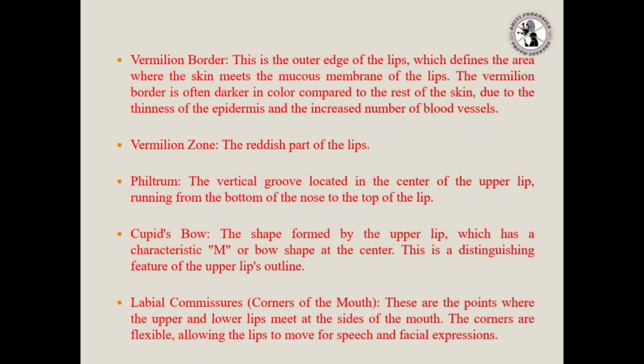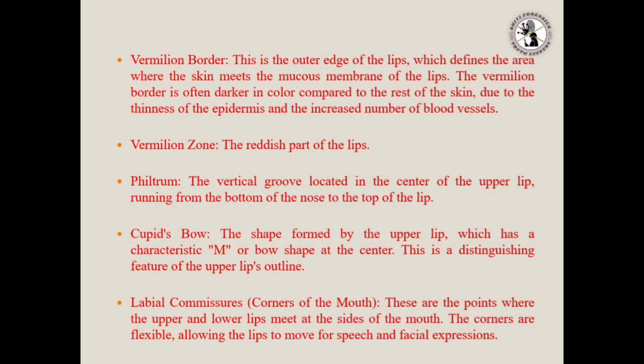If we talk about the philtrum, it is the vertical groove located in the center of the upper lip, running from the bottom of the nose to the top of the lips. The cupid bow is the shape formed by the upper lip, which has a characteristic M shape or bow shape at the center.